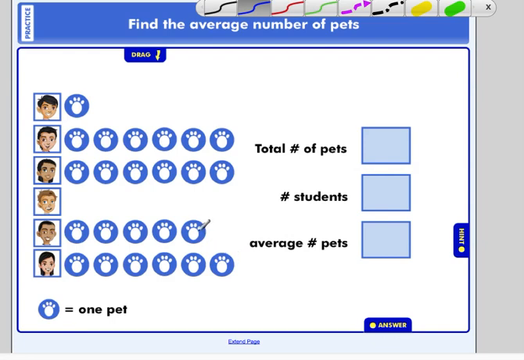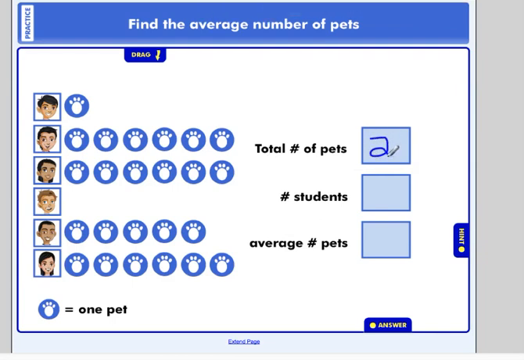Plus 5 is 23, 24. Looks like we've got 24 total pets. Now notice one of our students didn't have any pets at all. So we had 1, 2, 3, 4, 5, 6. We had 6 kids. Even though that one didn't have any, we still have 6 students. To find the average number of pets, 24 divided by 6 equals 4.